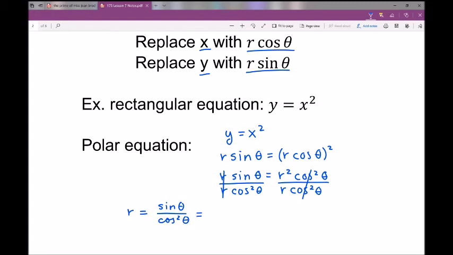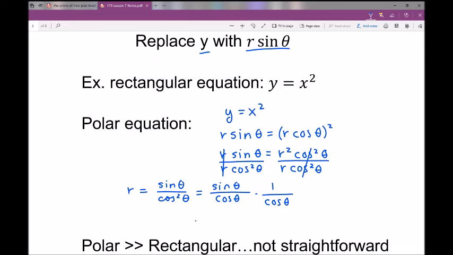If we think about this as sine theta over cosine theta times 1 over cosine theta, sine over cosine theta is tangent of theta, and 1 over cosine of theta is secant of theta. So r equal to tangent of theta secant of theta is our polar equation.